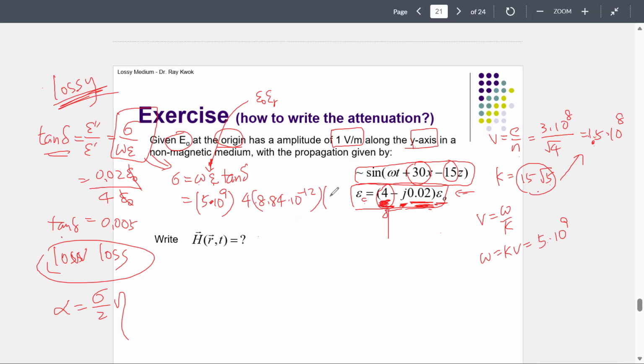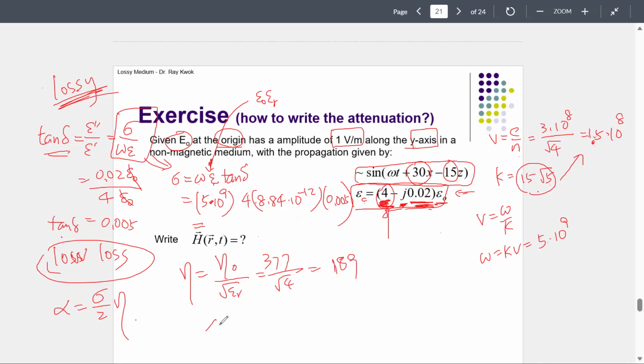Times the loss tangent, which is 0.005. So all together, please. And then eta, what is eta? Eta naught divided by the square root of the dielectric constant, 377 divided by square root 4, which is 2, which is 188, 189, fine.